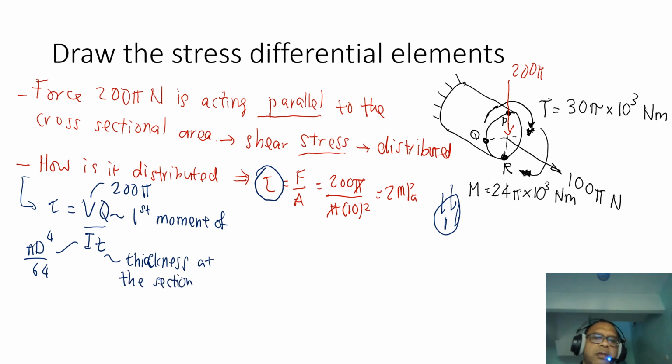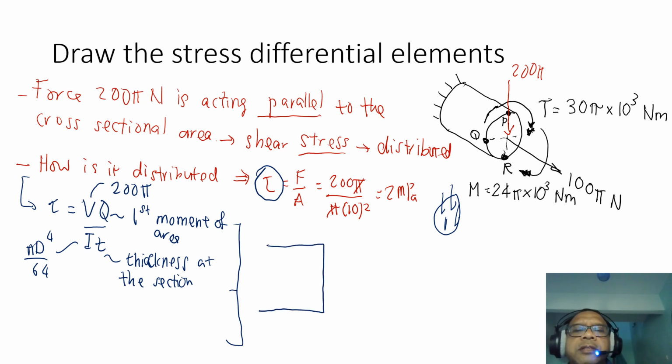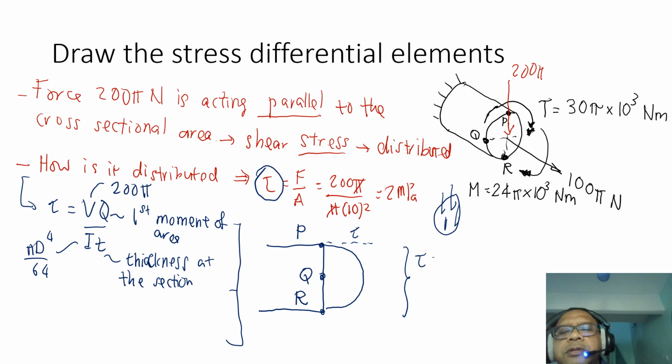Okay, so first moment of area. So it is distributed in the form like this. So if you look from the side, this is Q, this is P, and this is R. It is distributed in this form. Okay, so that's how tau is distributed. So from this distribution you can find that tau is 0 at top and bottom of the beam.